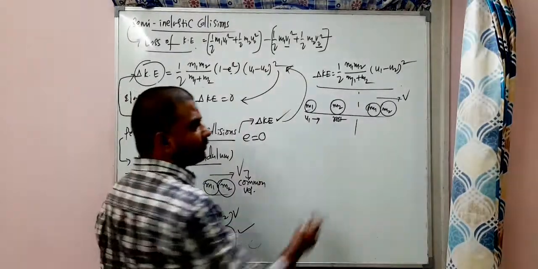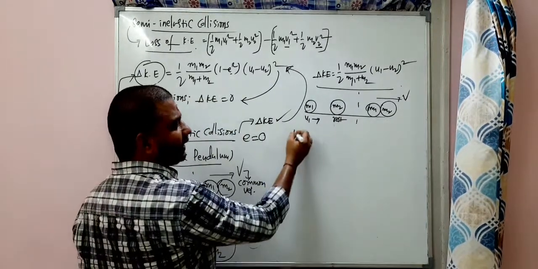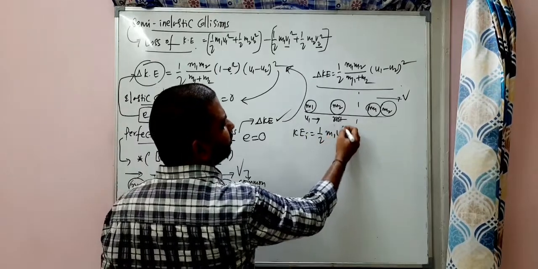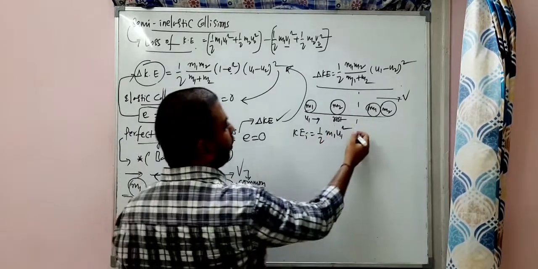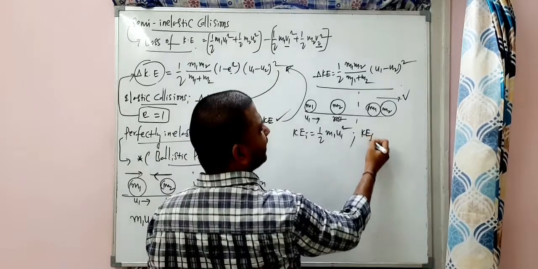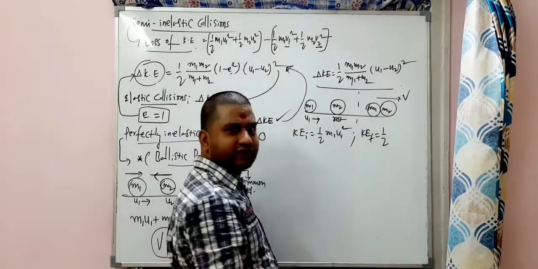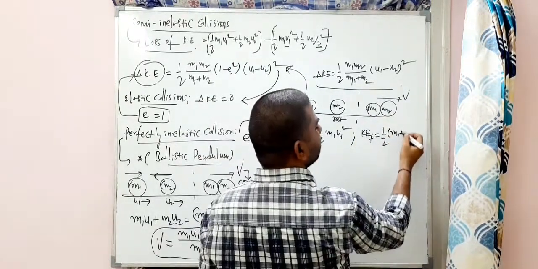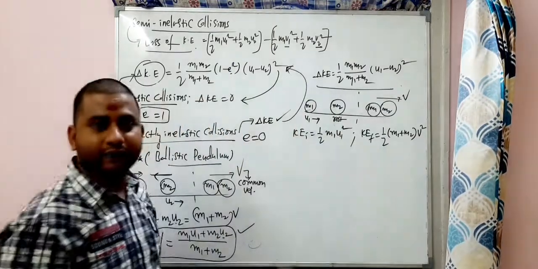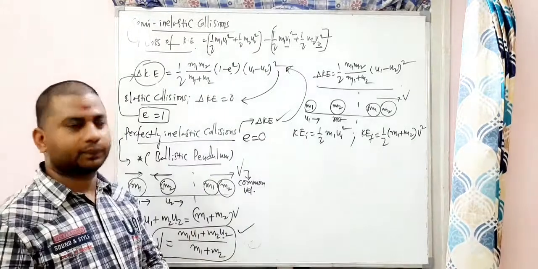Now, the initial kinetic energy is half m1 u1 square. What is the final kinetic energy here? The final kinetic energy of the system is half into m1 plus m2 into v square. That is a common velocity square.